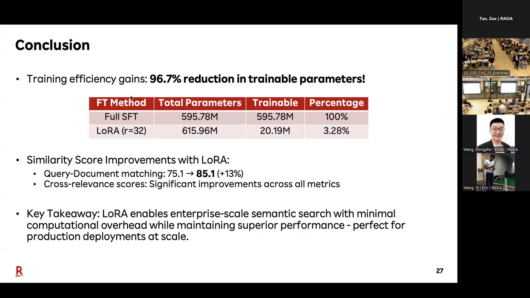Okay. And therefore, the key takeaway from this talk is that although LoRA is a very simple idea, when you try to fine tune a large language model specifically for a task on your data set, it pays off. Here I show the case of a 0.6 billion model, but of course you can fine tune an 8B Qwen3 model or a 4B model, right?